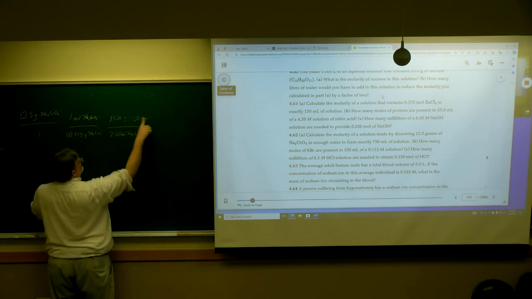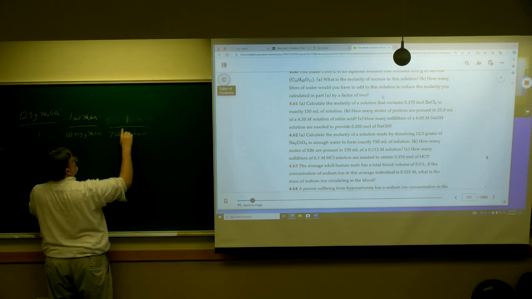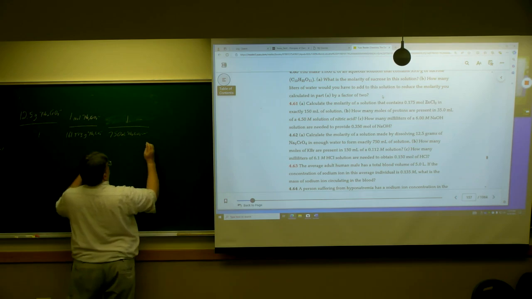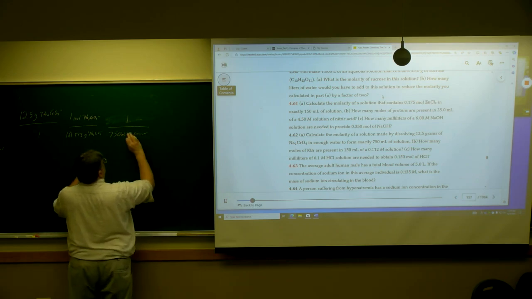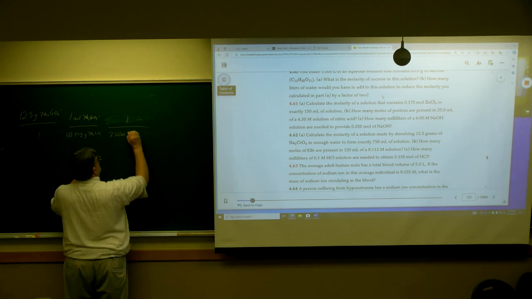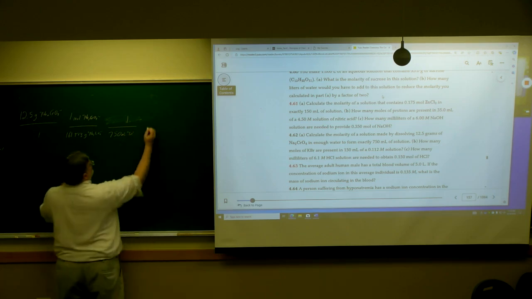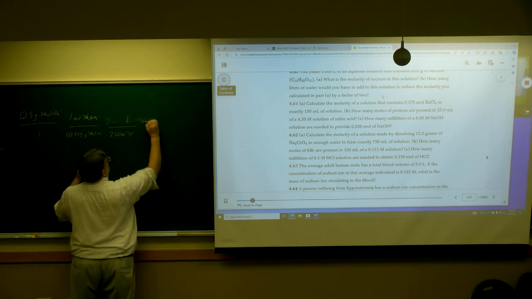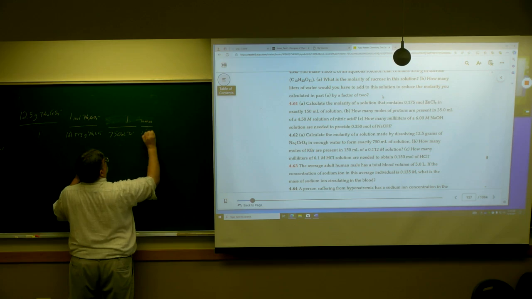Volume needs to be on the bottom. So that's given in the problem. 1,000 milliliters is 1 liter of the solution.